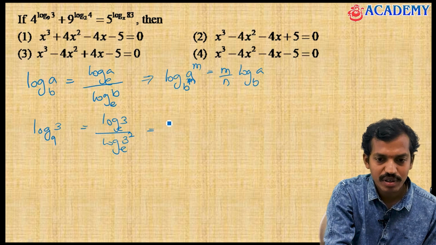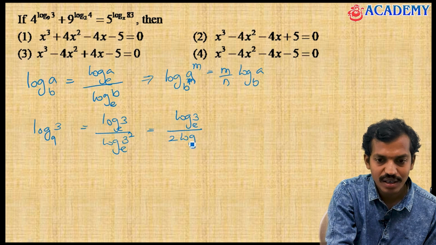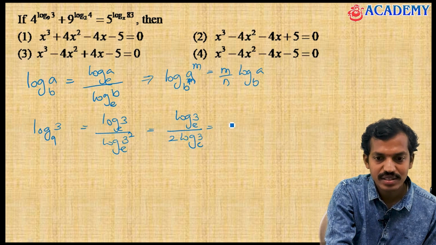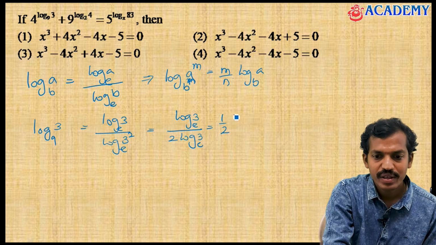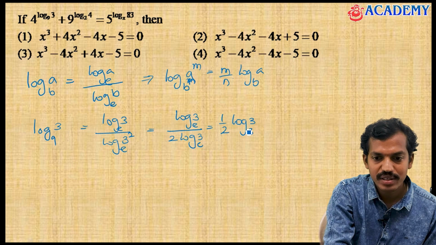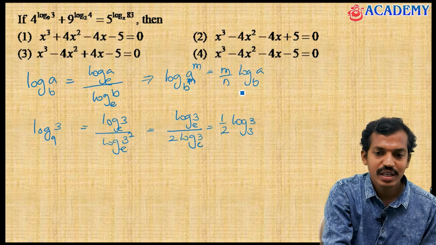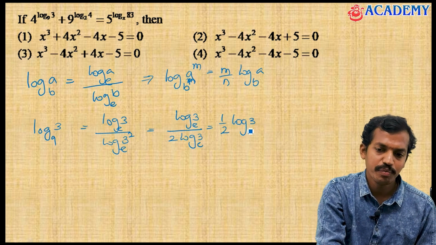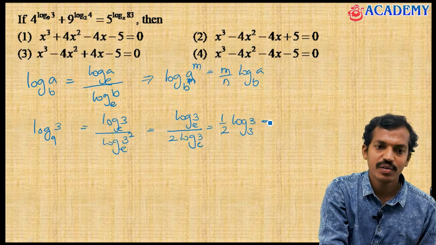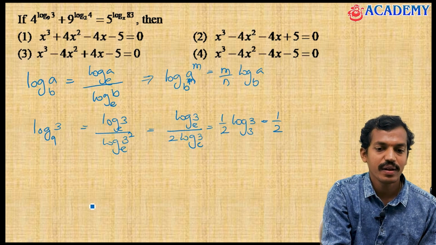Already we know log a power m, so here log 3 base e divided by 2 into log 3 base e we can write. That is nothing but 1 by 2 into log 3 base 3. We can write log 3 gets cancelled also, or log any base, both are going to be the same, it's going to be 1 only. We can write 1 by 2 directly.